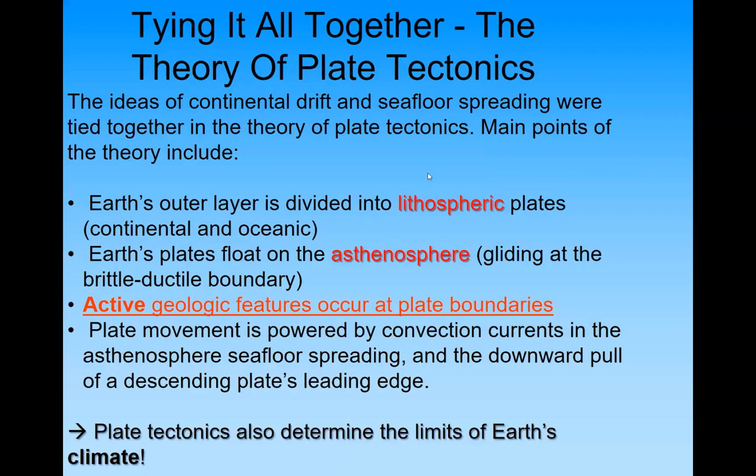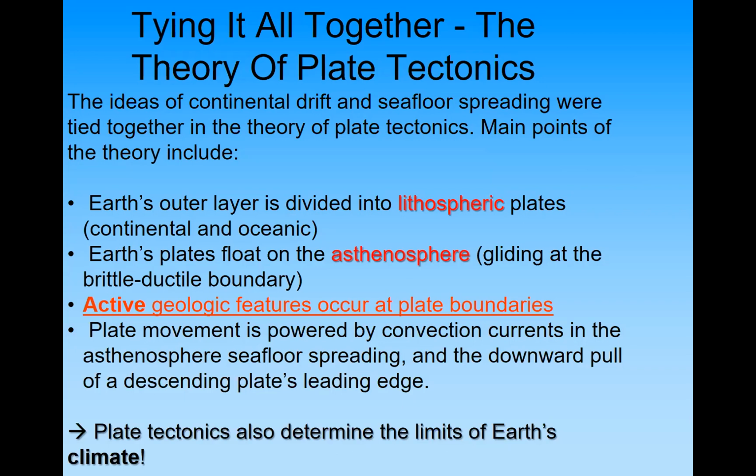It suggests that the Earth's crust is divided into lithospheric plates, continental and oceanic, that the plates are floating, in quotes, on the asthenosphere. The asthenosphere is ductile, it's moving, it can change its size and its shape and its volume without fracturing.